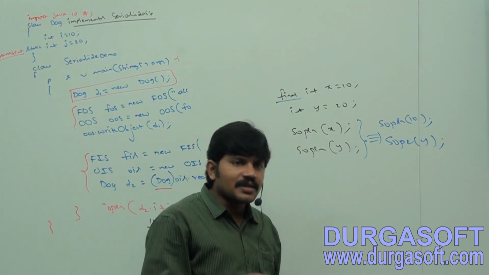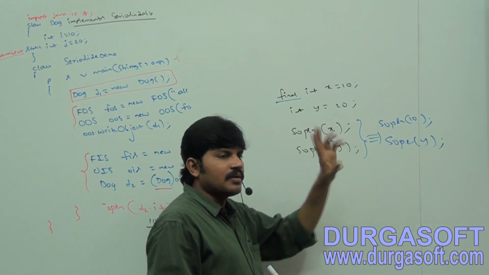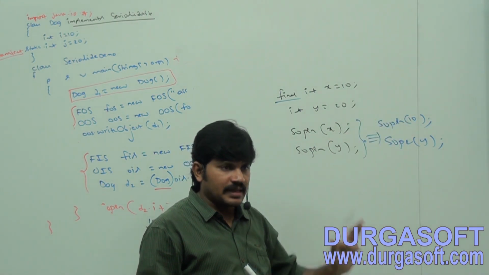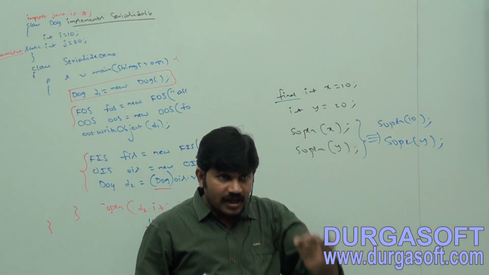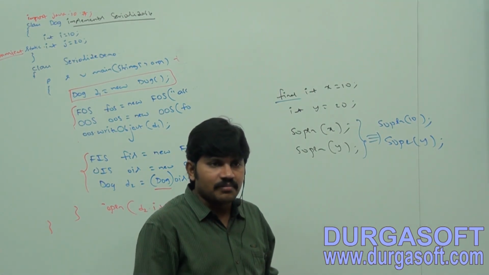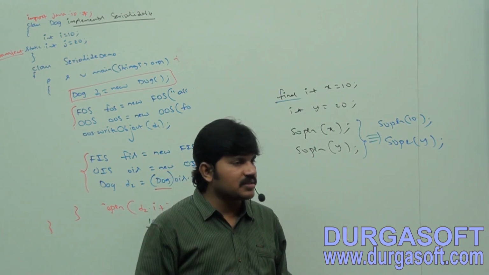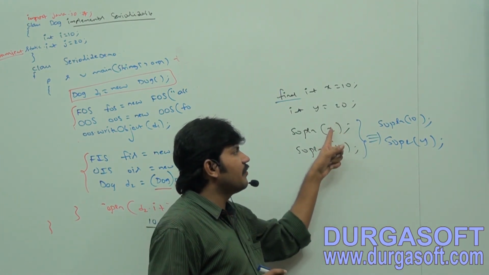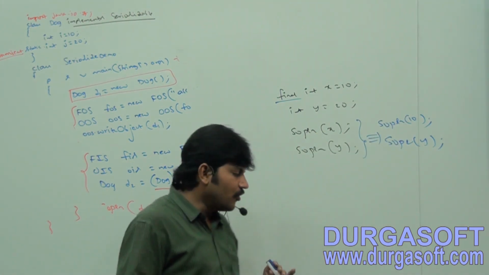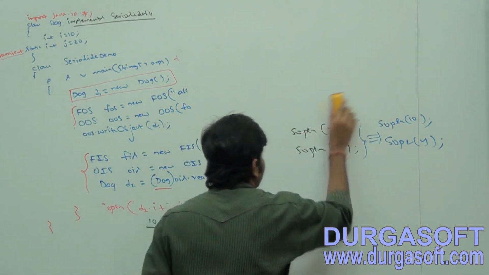So at runtime, a final variable is never in variable form, because it's already replaced with 10 at compile time only. So for a final variable at runtime there is no such terminology, because it's not in variable form. Now observe this carefully, right?